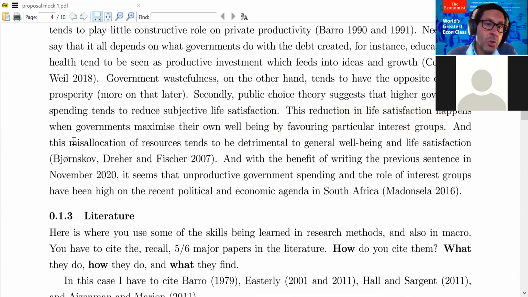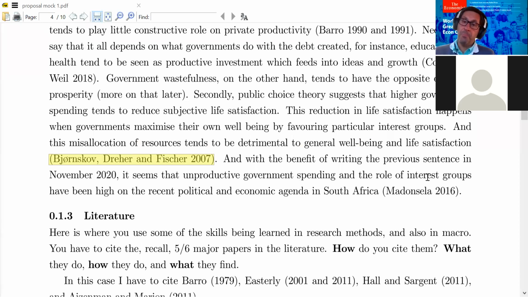And this misallocation of resources tends to be detrimental to general well-being. If you are satisfying just one group and you have lots of groups, then you are in detriment of general well-being and life satisfaction. And then there is a paper there by Christian, Axel, and Justina.